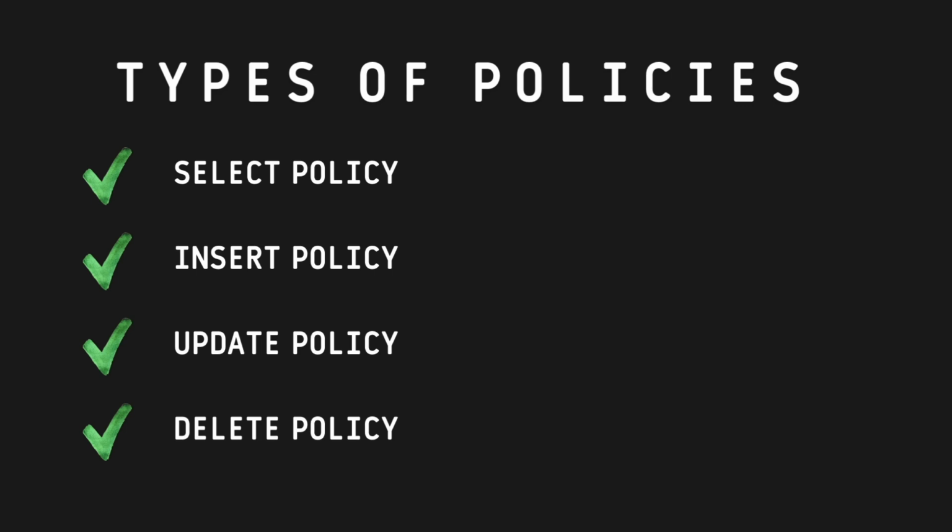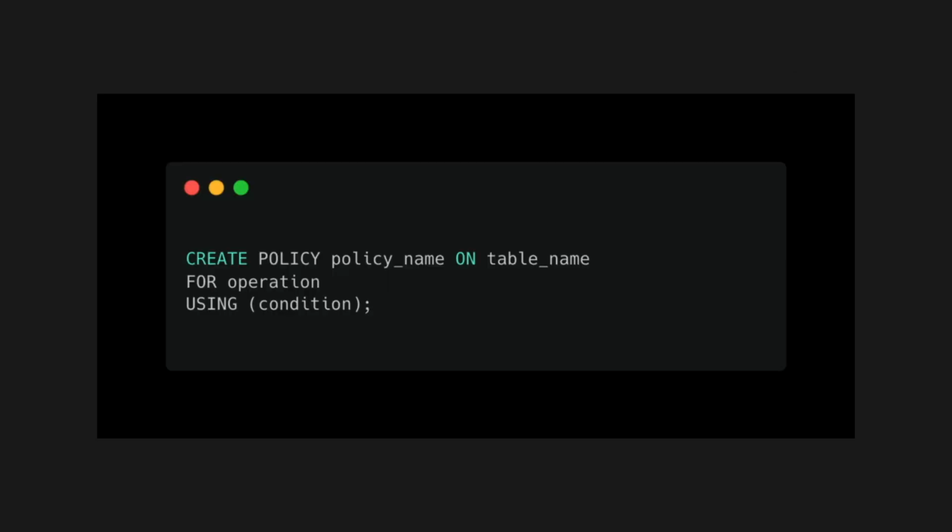So for example, a simple syntax of how a policy would look when you're creating one. You'll need the create policy command, which specifies the condition under which the access is permitted.